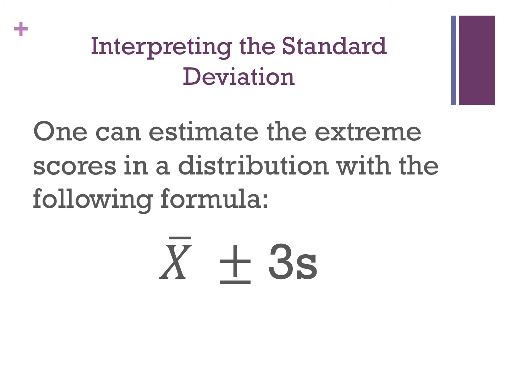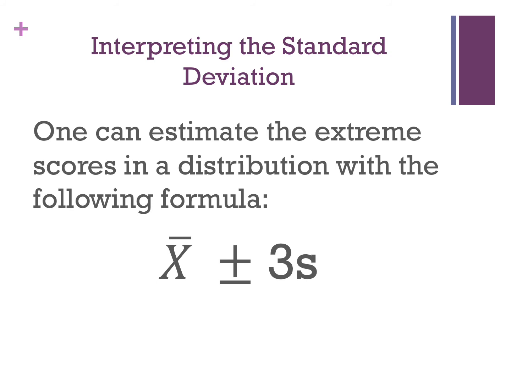We can use it to figure out the likely span of the data set. So we can use the estimate to figure out the extreme scores in the distribution with the following formula. X bar, which is the mean of x, plus and minus 3 times the standard deviation, will give us the extreme scores.